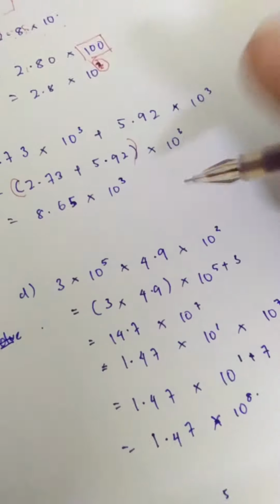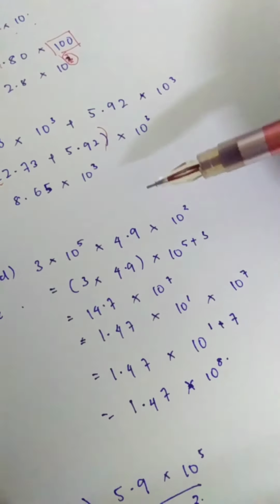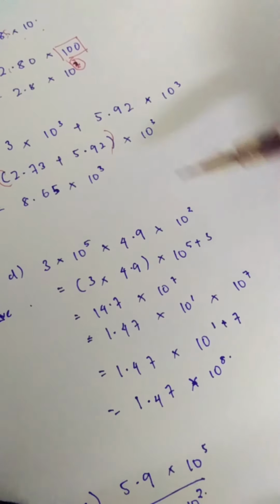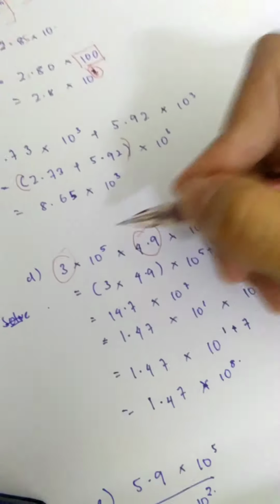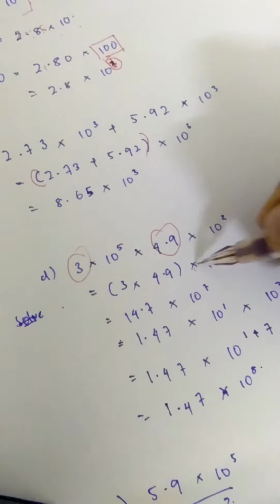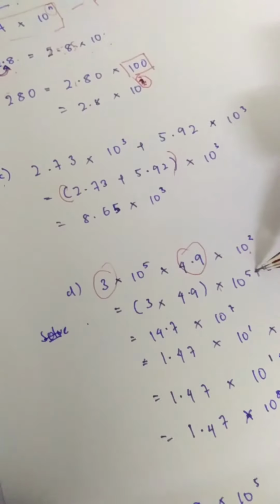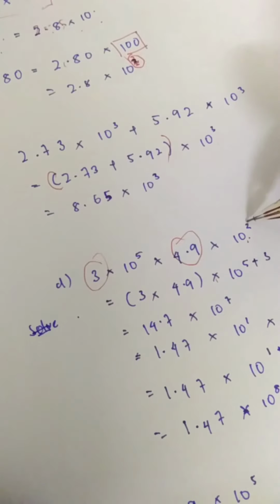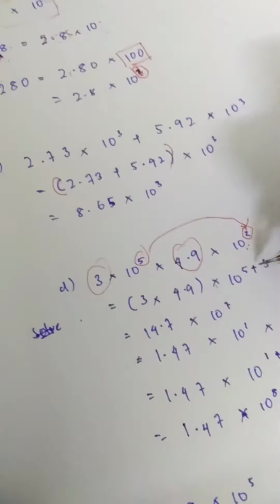Okay, next question is 3 darab 10 kuasa 5 darab 4.9 darab 10 kuasa 2. Okay, kita bagi kurungankan dua benda ini. Okay, darab dengan 10 kuasa 5 tambah 10 kuasa tambah dengan kuasa ini just tambahkan je.